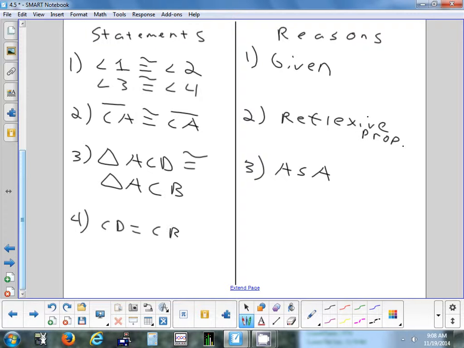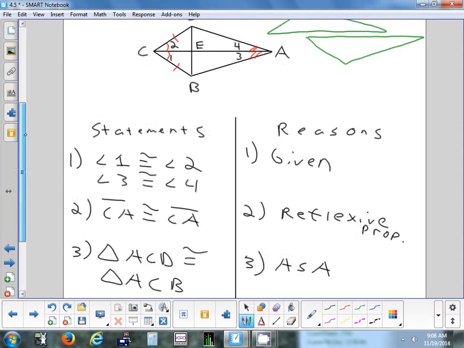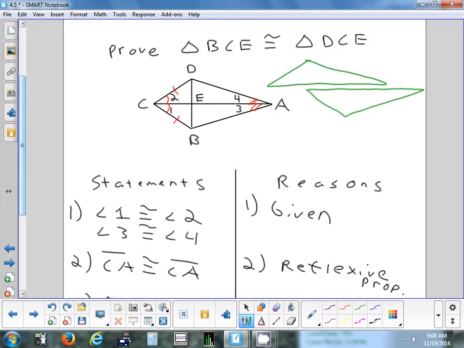Those are corresponding parts of congruent triangles. Okay, so I think we almost have enough information. We have a side and an angle, a side and an angle. We need one more piece of information, and I think we have it, and we've already used the reason earlier.